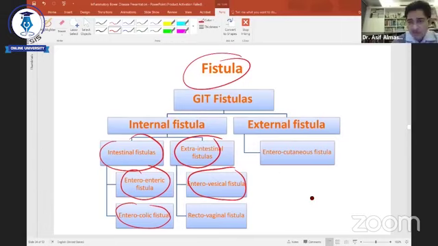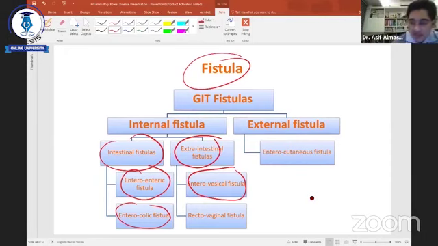This is not uncommon. You'll see quite a number of patients with enterovesical fistula. In fact, this is one of the more common causes of any type of fistula. I think Crohn's disease is one of the most common causes of any type of enteric fistulas.